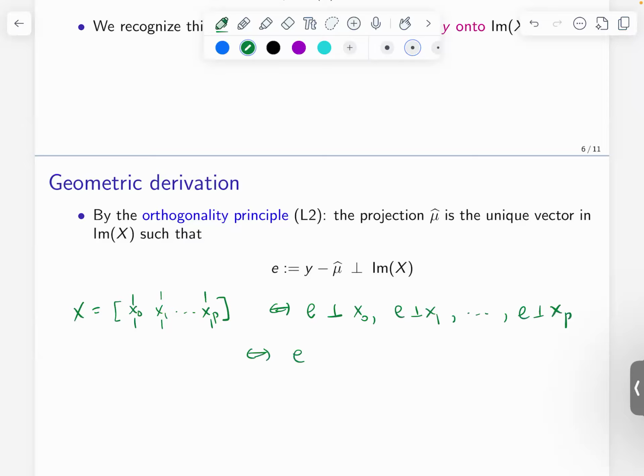Or, to be compact, xj, where j goes from 0 all the way to p. So why is this true? Why is being orthogonal to the image equivalent to being orthogonal to the columns?